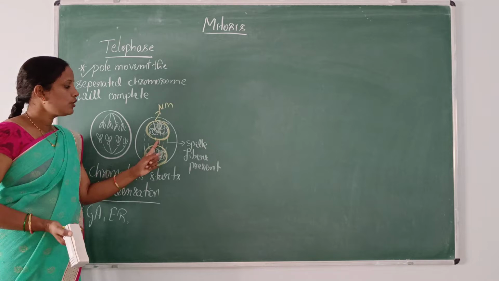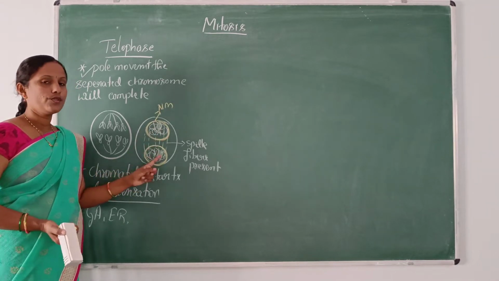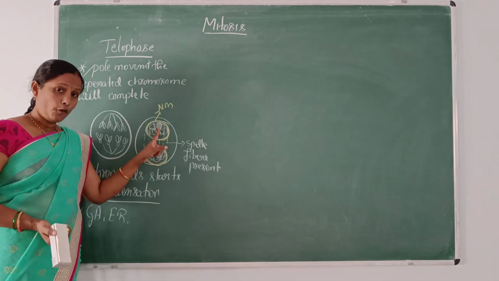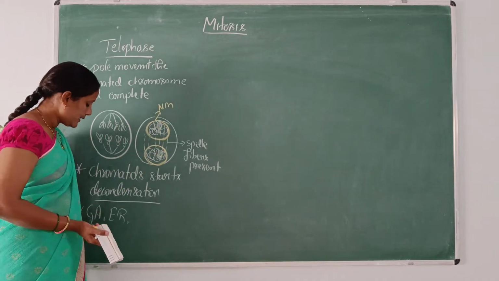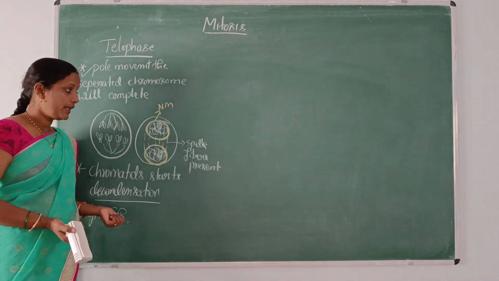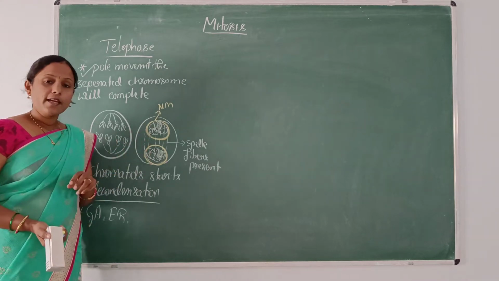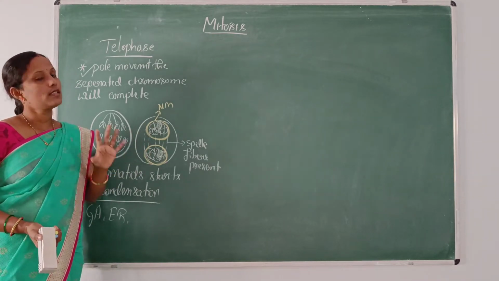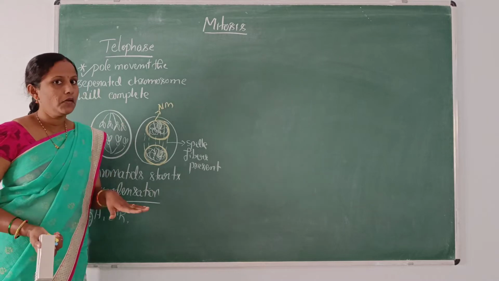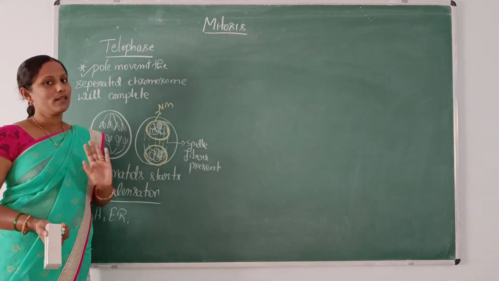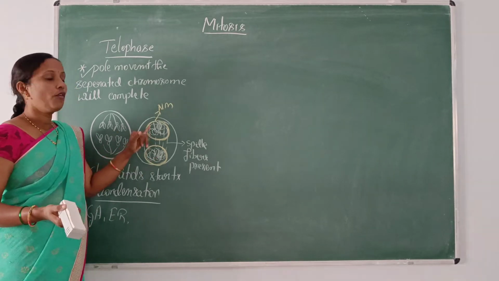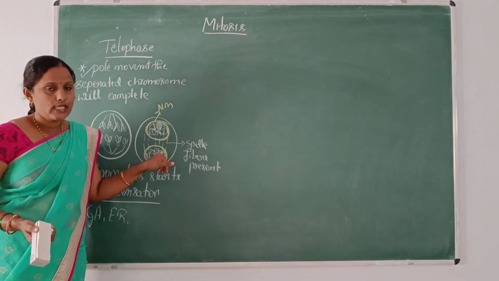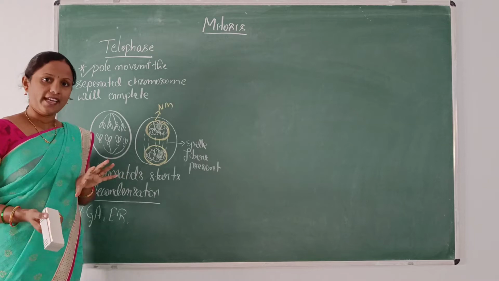There is a formation of nuclear membrane around the two sets of chromosomes, and a formation of nucleolus and the other cell organelles like endoplasmic reticulum and Golgi apparatus. But the spindle fibers are present for some time. By the end of telophase, they also disappear completely, which completes the division of the nucleus, that is karyokinesis.